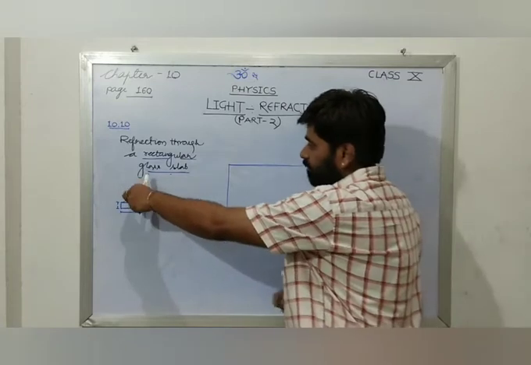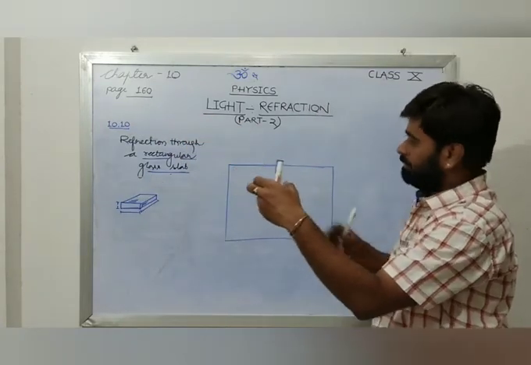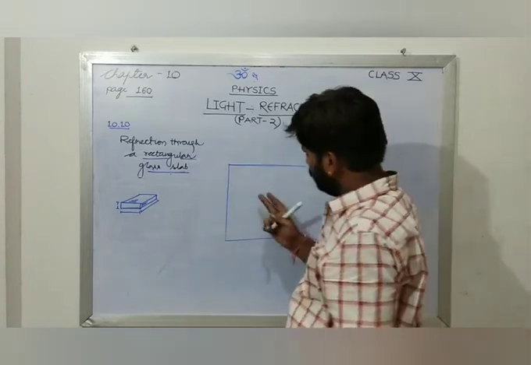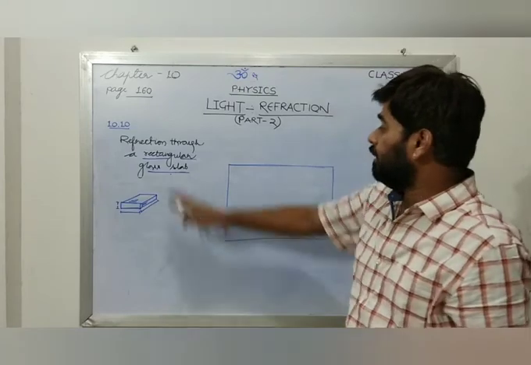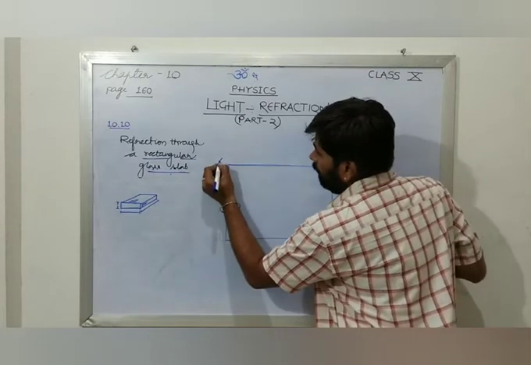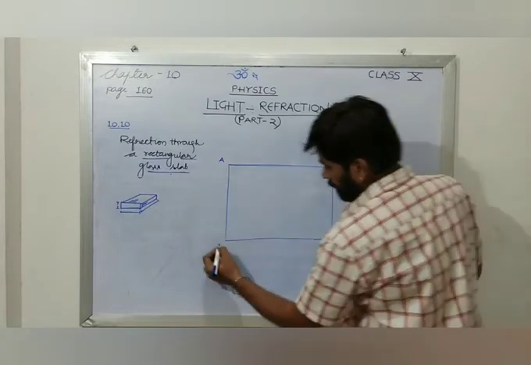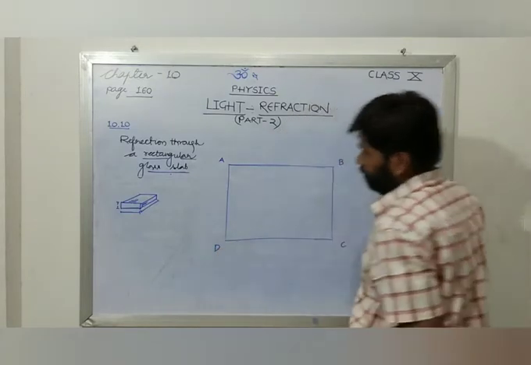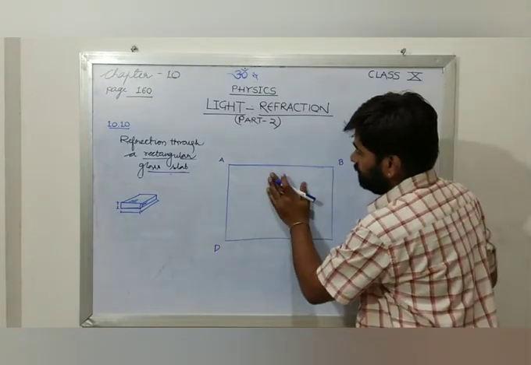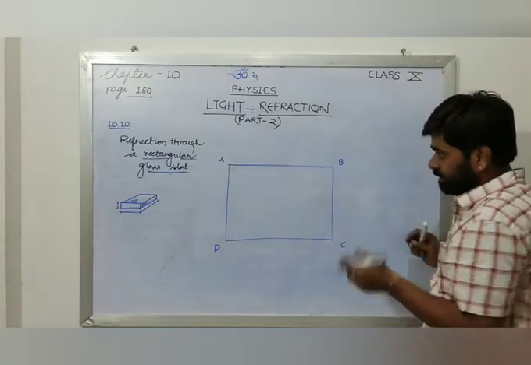If I take it like this, turn it like this, and paste it like this, this is the 2D scenario of that rectangular glass slab. Let me name it A, B, C and D. This is the first step, in which we keep the glass slab over the sheet.